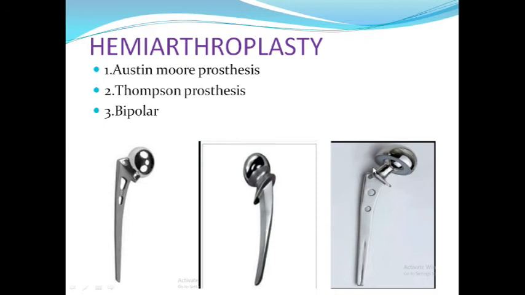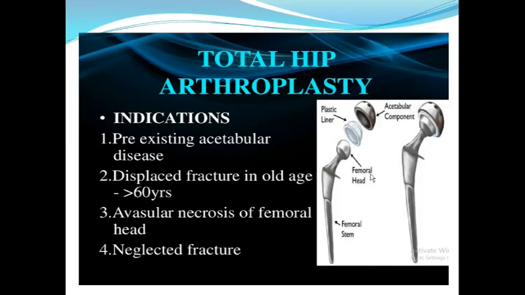The third one is bipolar. Why is it bipolar? Here the head is fixed, but here there is one more plane developed for the rotation of this head, so we call it a bipolar prosthesis. This is the total hip arthroplasty set. Here we also put an acetabular cup.